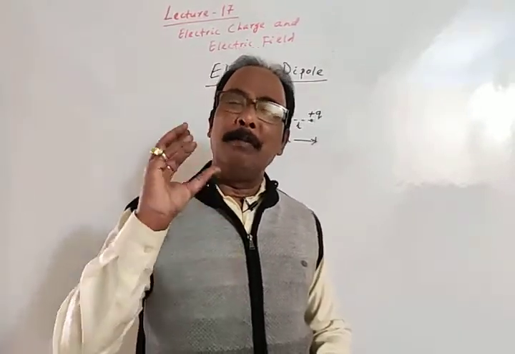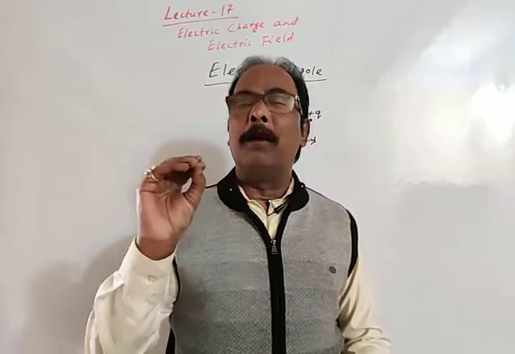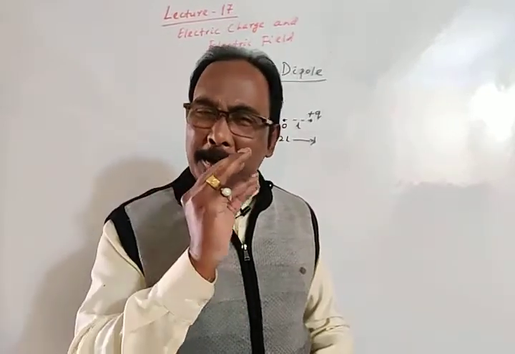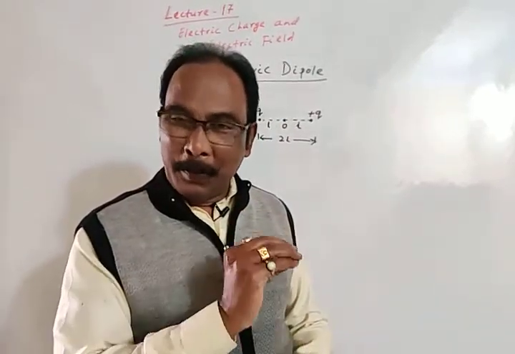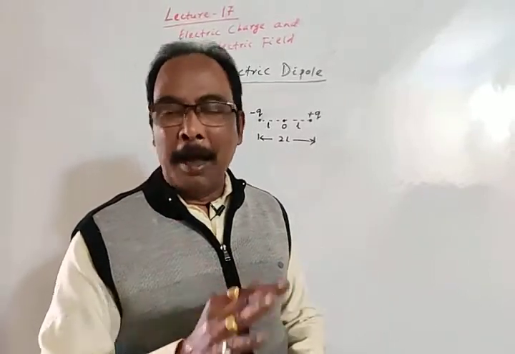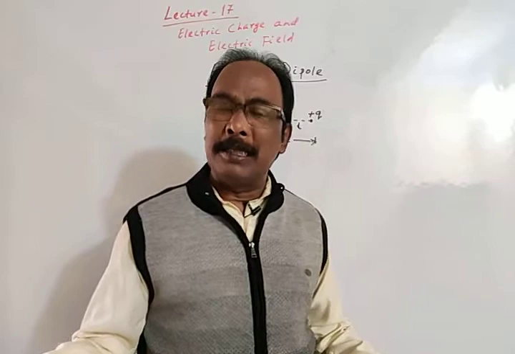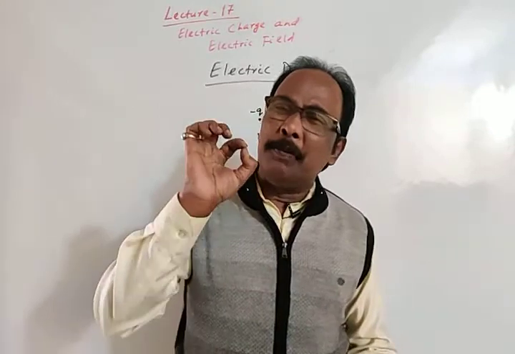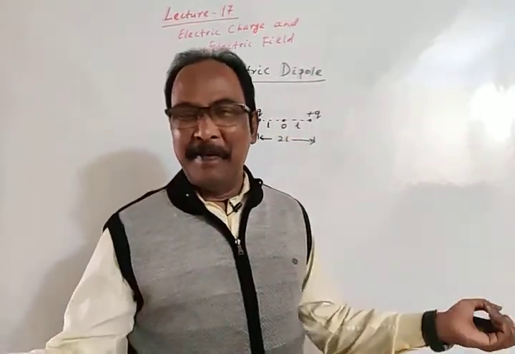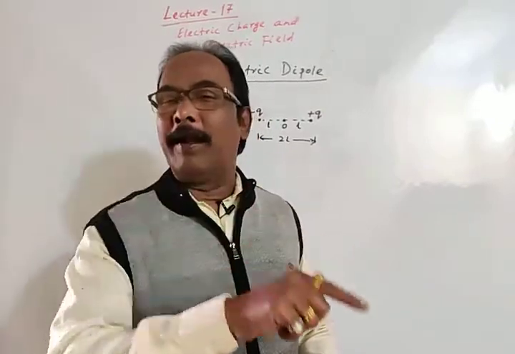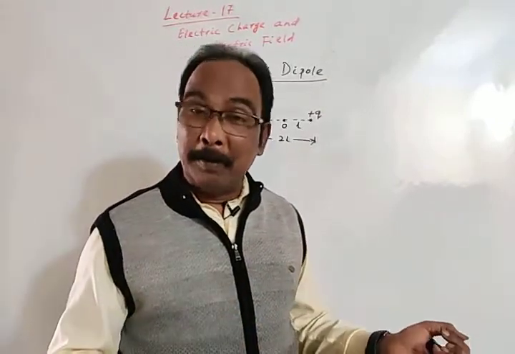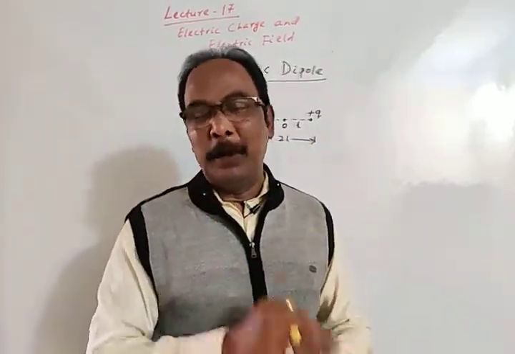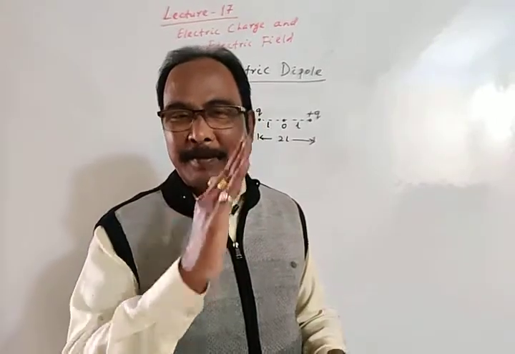So in an atom, the amount of positive charge due to protons equals the amount of negative charge due to electrons. In an atom, there is a positive centroid due to the protons and a negative centroid due to the electrons.